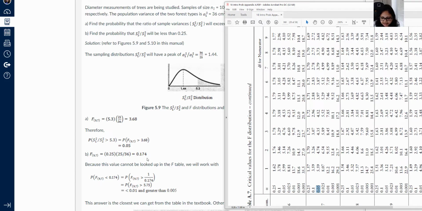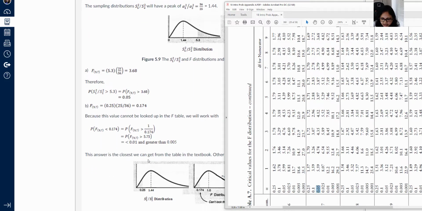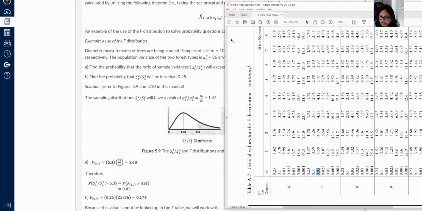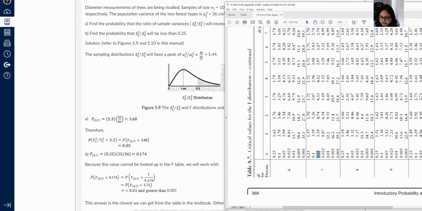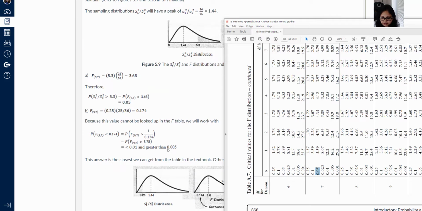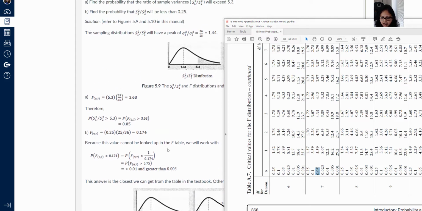To find the less than area, you can see what we did over here, we use this equation. That equation we actually apply, and we try to find how we can find the less than area by changing the region.